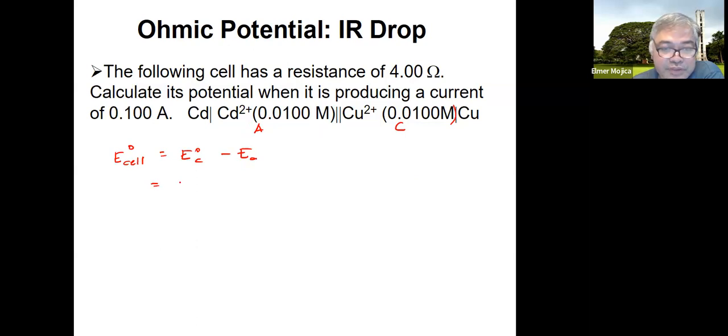For the E cathode, I have 0.278, and I have here negative 0.462. So what is the cell potential?